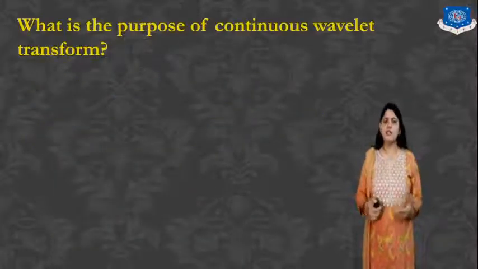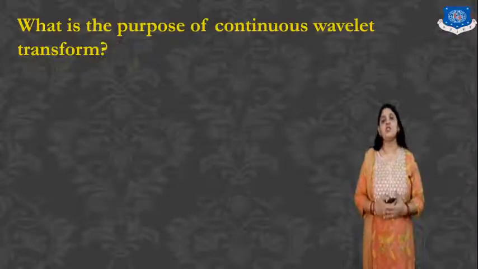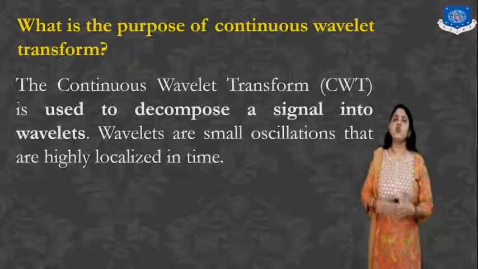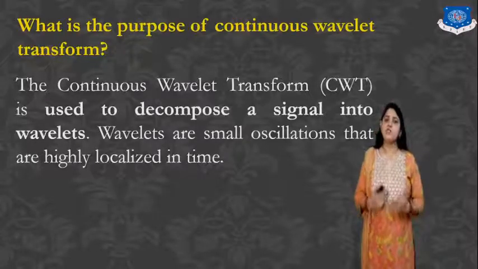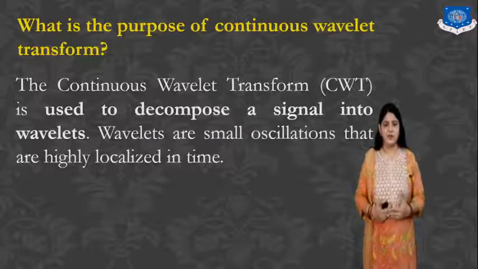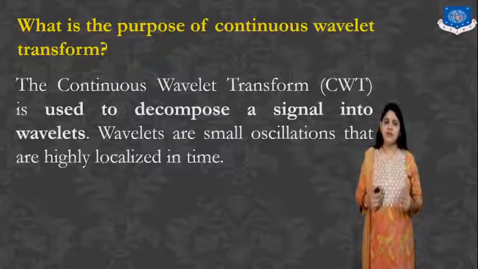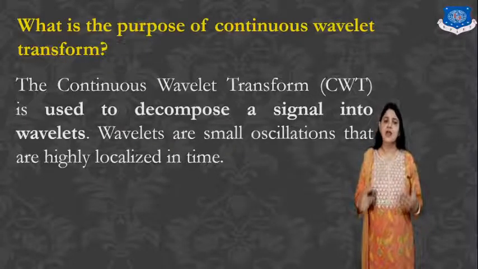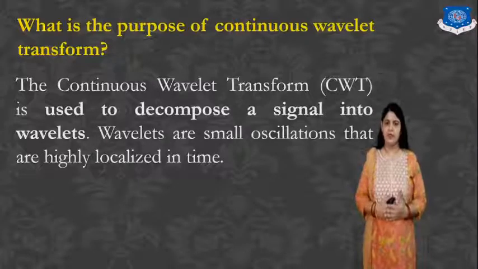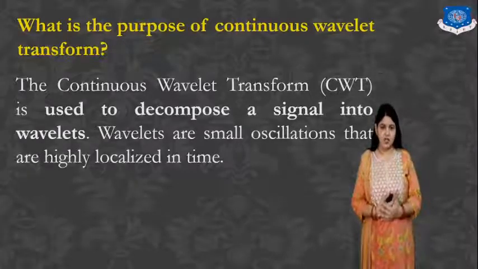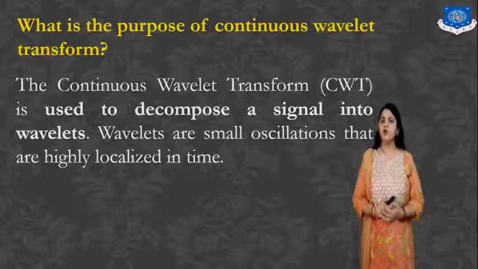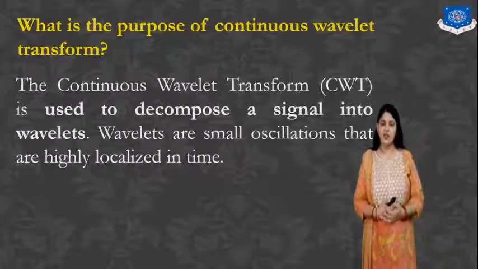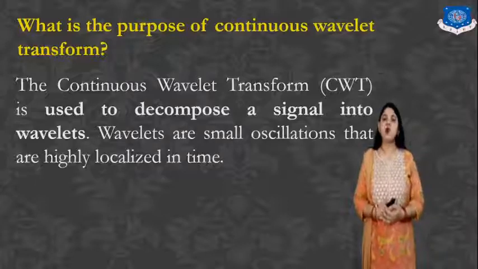So what is the purpose of the continuous wavelet transform? The continuous wavelet transform is used to decompose a signal into wavelets. Wavelets are small oscillations that are highly localized in time. As we have seen in the previous video, when we convert the Fourier transform into the wavelet transform, we have the small wavelet.